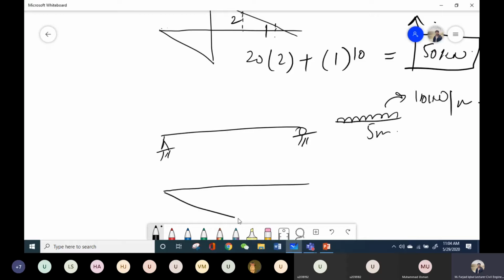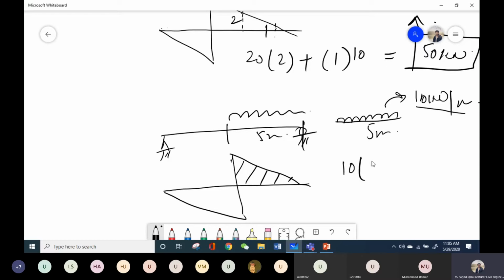If this is the diagram for shear force, and for example I have placed the UDL over this length of 5 meter, I have to multiply the magnitude of UDL with the area of this influence line, which is lying directly underneath this length. For example, I would multiply this UDL with this area of triangle, let's say it's 10 into 1, and I will get one value. And this value is my shear force.